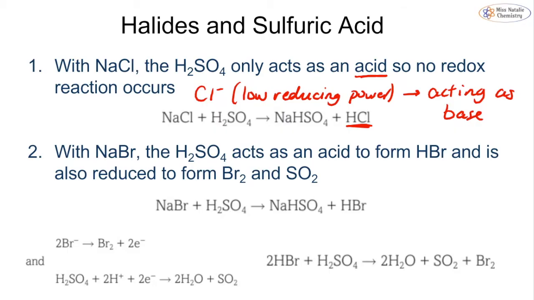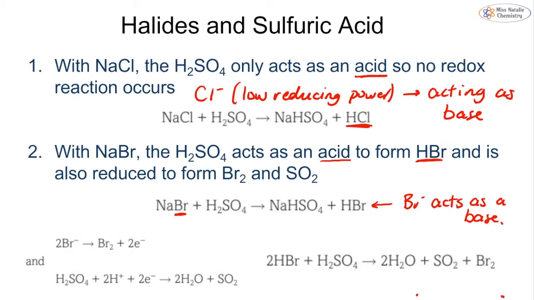Now, when we react the sodium bromide with the H2SO4, we're still going to have it acting as an acid to form our hydrogen bromide. However, this hydrogen bromide then acts as a reducing agent in order to form the bromine and the SO2. So this top equation is where the bromide acts as a base, and it is when it is in the sodium bromide.